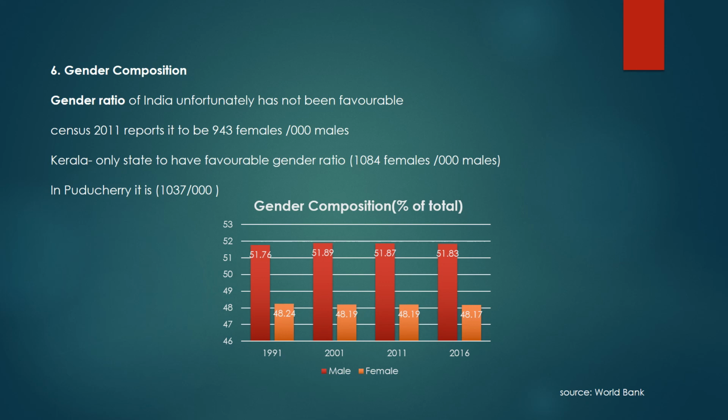Though the latest state report of Haryana says it has improved its gender ratio to 950 females per thousand males, especially after the launch of the Beti Bachao and Beti Padhao program of the central government.